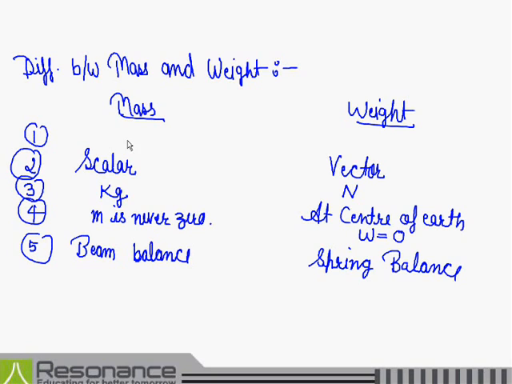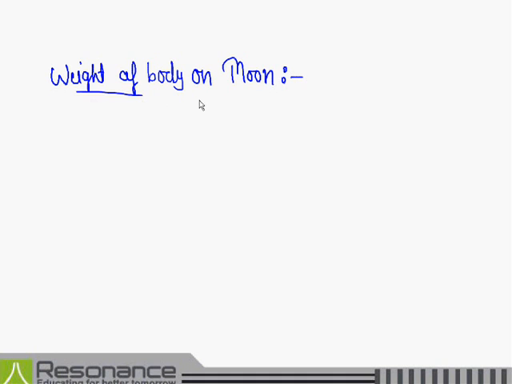Now, weight of body on moon. A body of mass m has weight W equals mg.